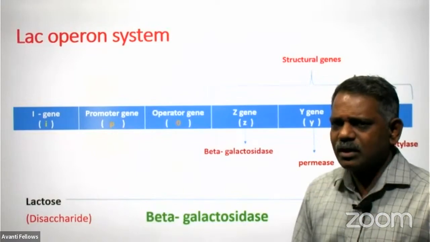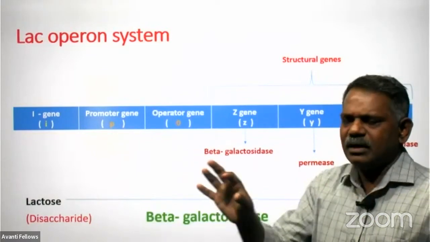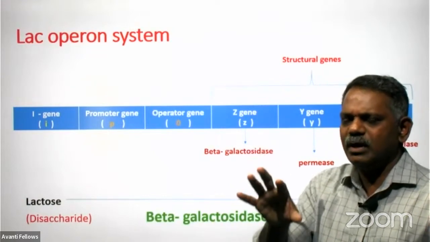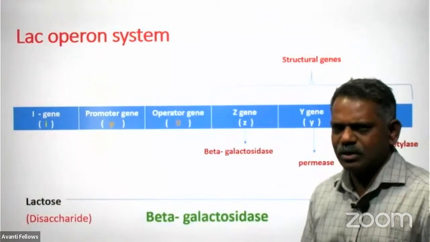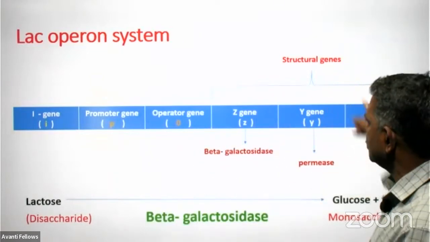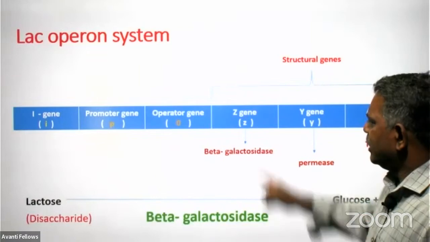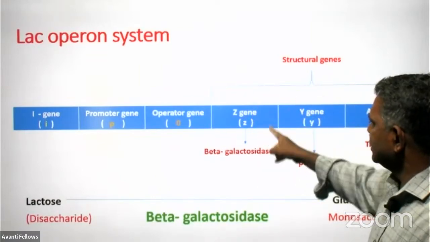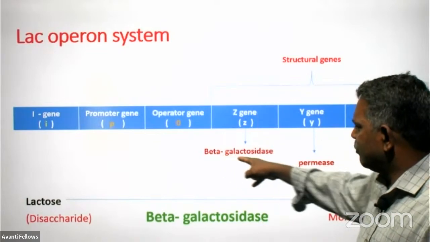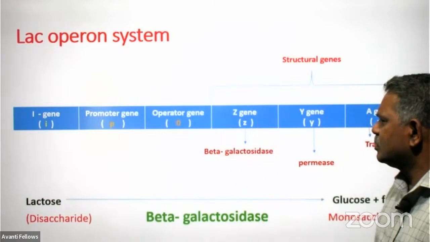What is polycistronic? This is a genetic sequence able to produce many polypeptide chains. Here there are three types of polypeptide chain or protein produced by the structural genes. There are three genes: Z gene, Y gene, and A gene. The Z gene is responsible for the production of beta-galactosidase.